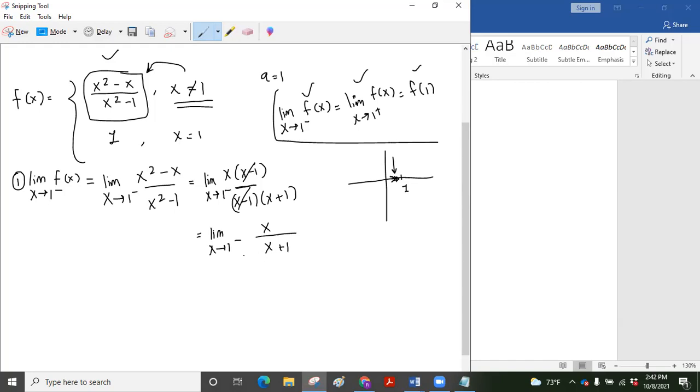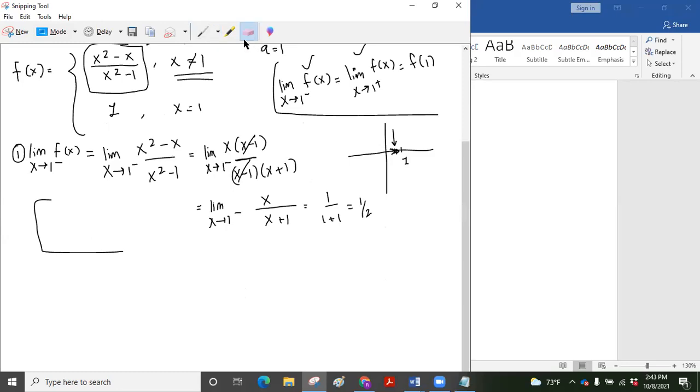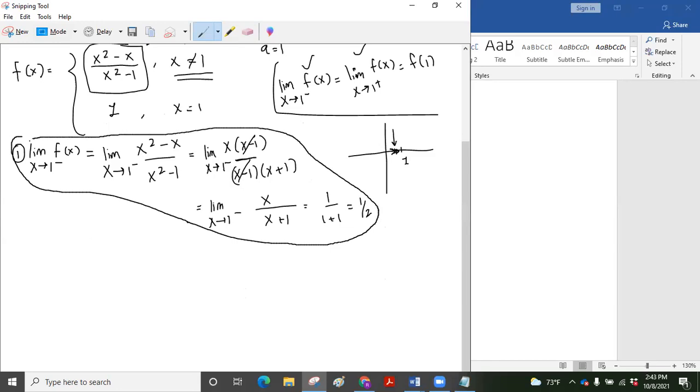Now I can put 1 in the top and in the denominator, because this would just be 1 over 1 plus 1, which is 1 over 2. That means the limit as x approaches 1 from the left is equal to 1/2. Now I want to check the limit as x approaches 1 from the right of f of x.